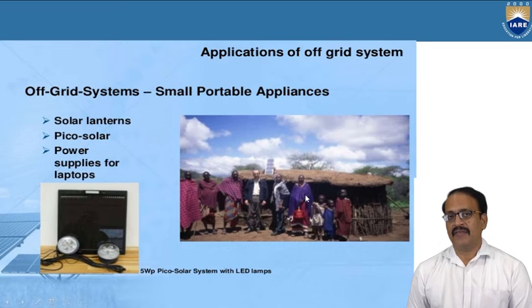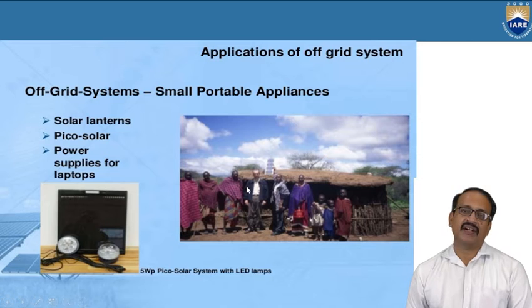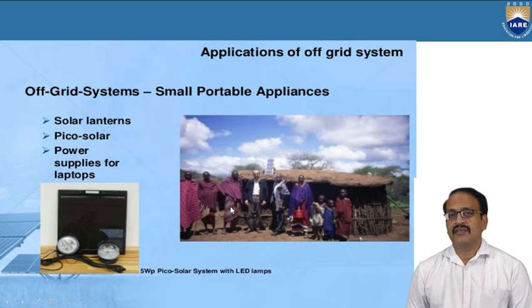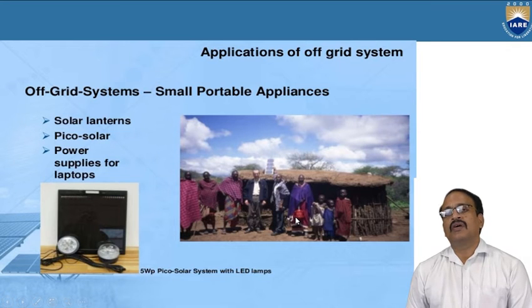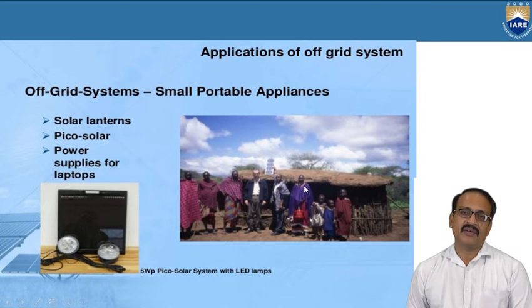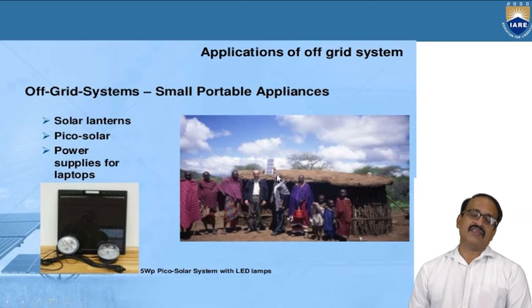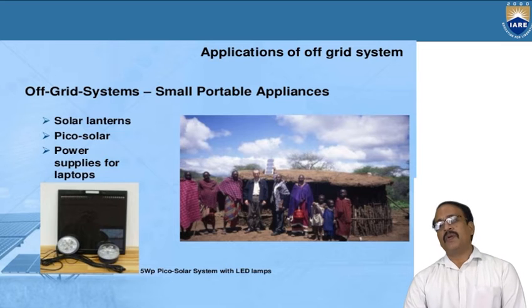Where the countries are very backward, the governments may not construct dams to produce hydropower or thermal plants to produce power. But if any person wants to help and give electrical supply to them, even a single person can do that.